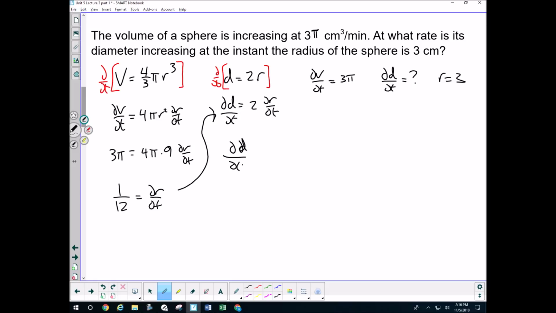And I should get 1/6 as my answer. It's a length, so it'd be centimeters per second.